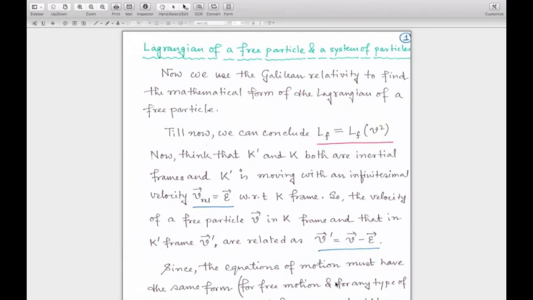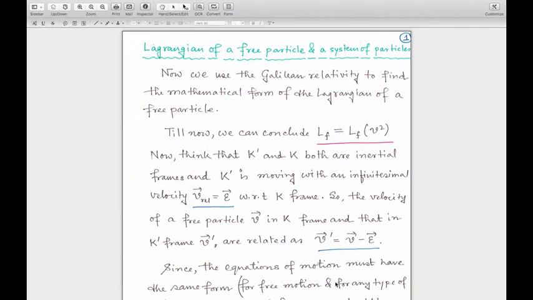And again we said that, just using the fact that for a free particle space and time are both homogeneous with respect to an inertial frame of reference, this homogeneity of space and time and the isotropy of space can be incorporated into the form of the Lagrangian of the freely moving particle. Because if the particle is moving freely, we showed that it moves with a uniform velocity, so that particle can also be thought of as an inertial frame itself.